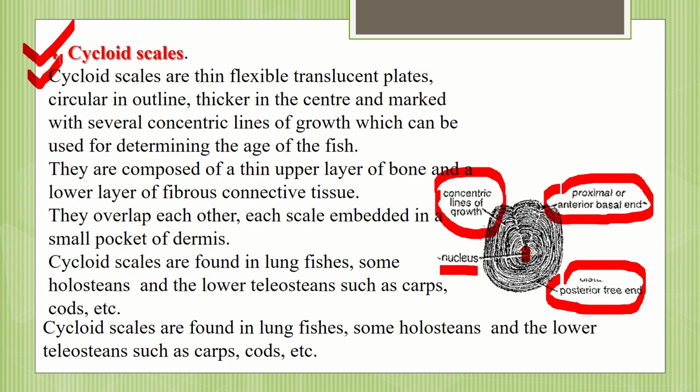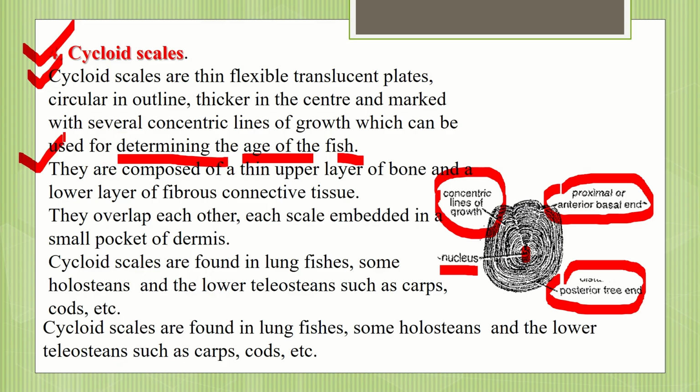Cycloid scales are thin, flexible, translucent plates, circular in outline, thicker in the center, and marked with several concentric lines of growth, which can be used for determining the age of the fish.